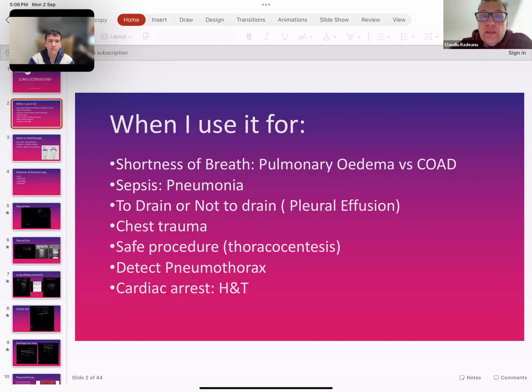So you can enter through the liver and do more harm than you intended. It helps me diagnose pneumothorax, and I also use it in cardiac arrest, particularly looking for the causes, the H's and T's. So tension pneumothorax, hemothorax, or cardiac tamponade. So there is a lot of usage for lung ultrasound.